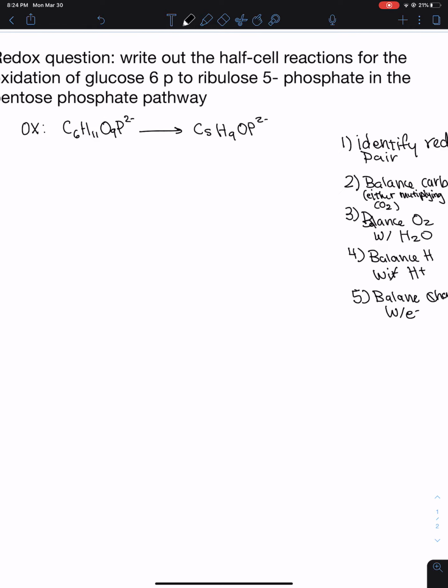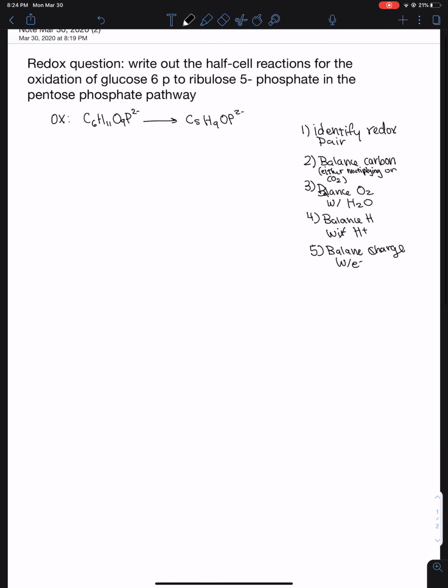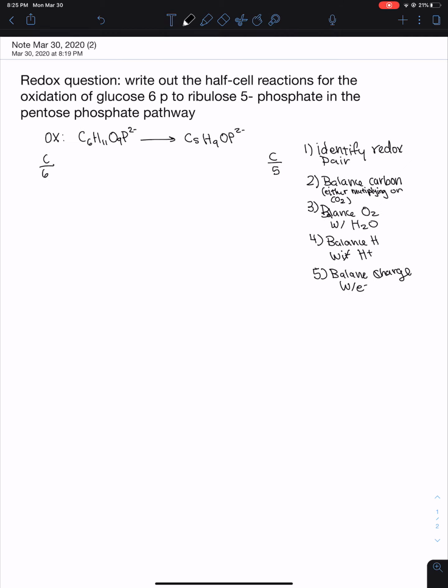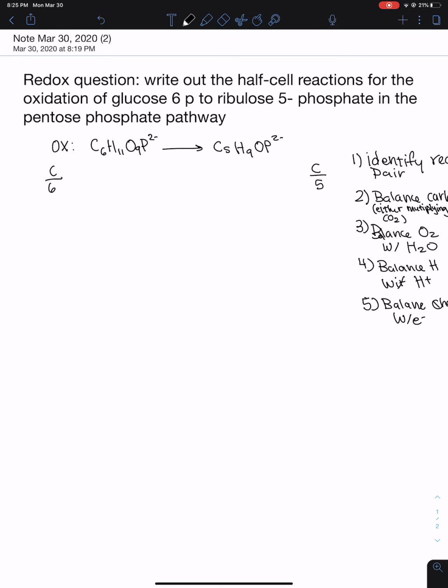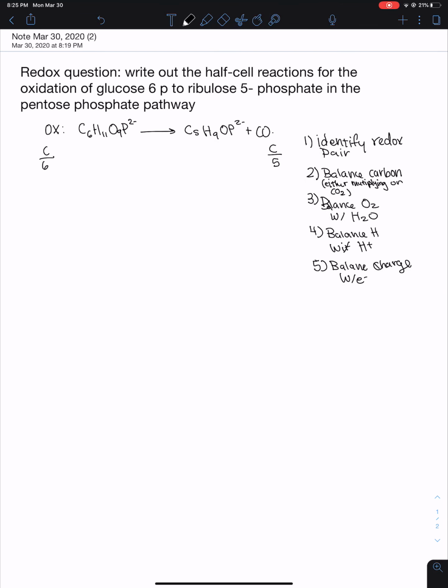And so I identified my oxidation, and so then what I'm going to do is start out with count the carbons on both sides. So I have 6 and here I have 5. And I know in the pentose phosphate pathway it releases CO2. So in this case, when I'm doing number 2, I'm going to add CO2 in order to balance this out. So this equals 6. And then I'm going to balance the oxygens.